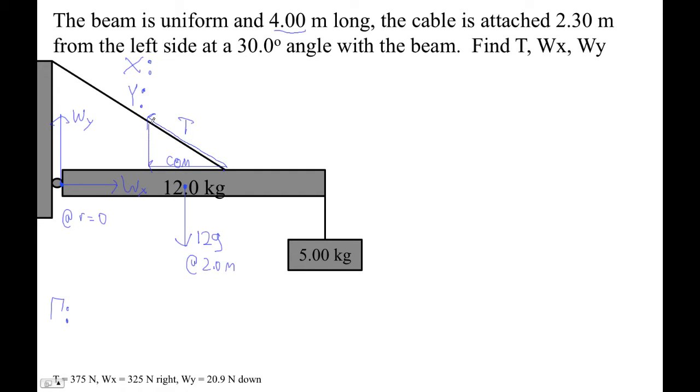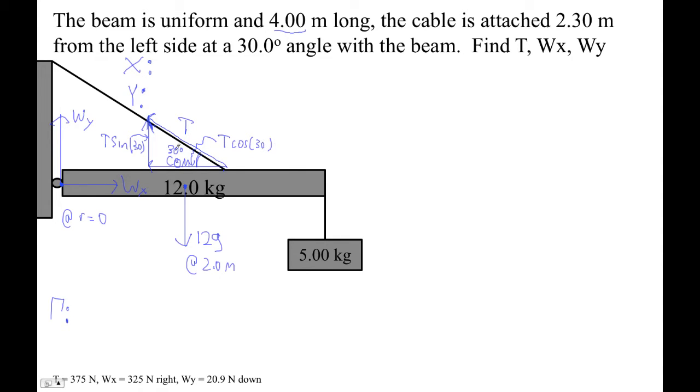That tension has a horizontal component, right? This is 30 degrees, right? This is T sine 30, this component right there. And then this component down in there is T cos 30.